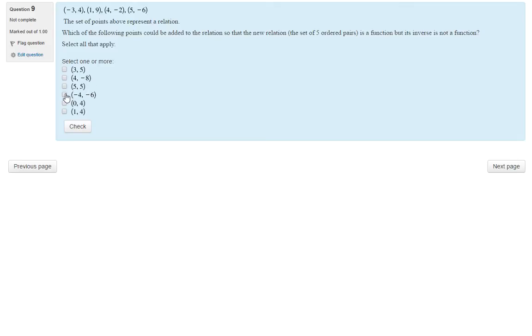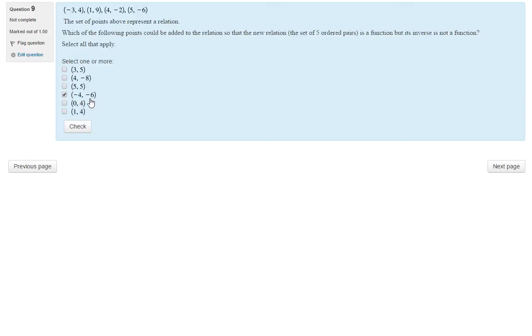Okay, it looks like the next one is going to work. Let's see why. -4 is a different input than each of the other 4 inputs. So that means that the original relation would be a function. Each input produces exactly one output. But when we flip the points around, you can see that this point right here, when we reverse the x and y values, is going to have an input of -6 and an output of 5, and this point would have an input of -6 and an output of -4.